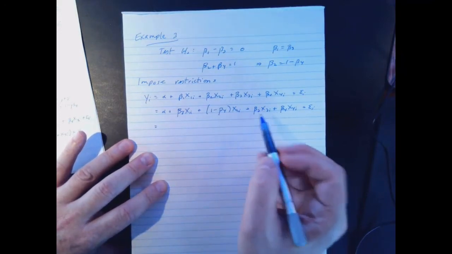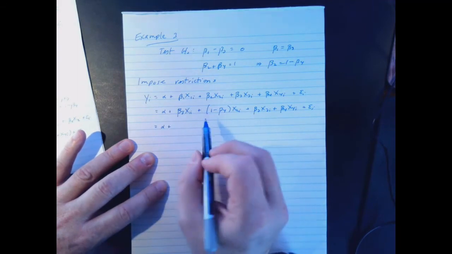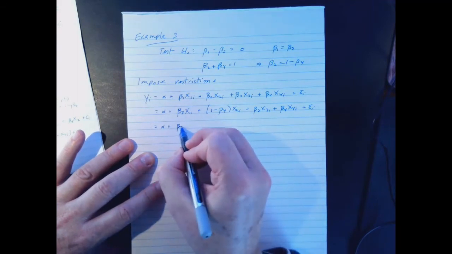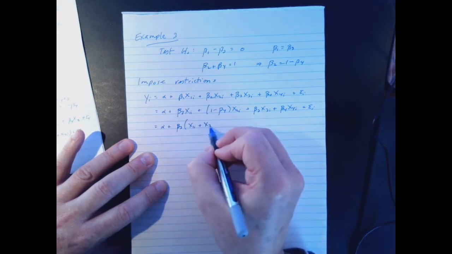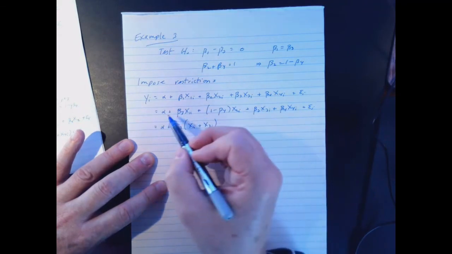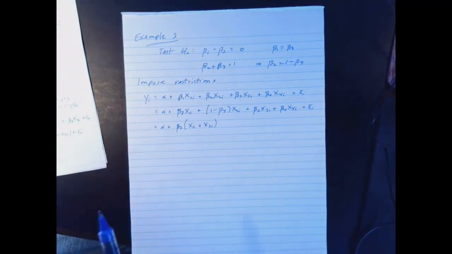And then we just need to collect some terms. So we have alpha plus, we've got a couple of beta 3 terms here, beta 3 x1 plus x3. When you're writing these out, sometimes it's handy to put a little check mark underneath so that you remember what terms you've collected.